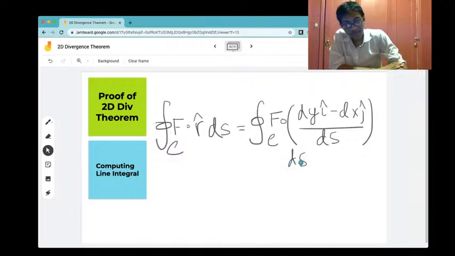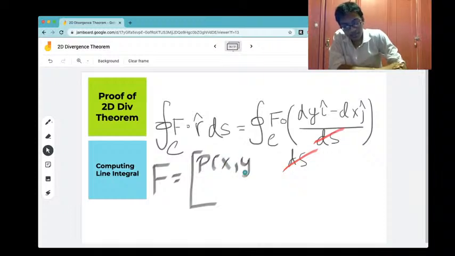So I'll be left with what? If I represent my f as a vector valued field, p of x comma y and q of x comma y, then what is my dot product going to be?